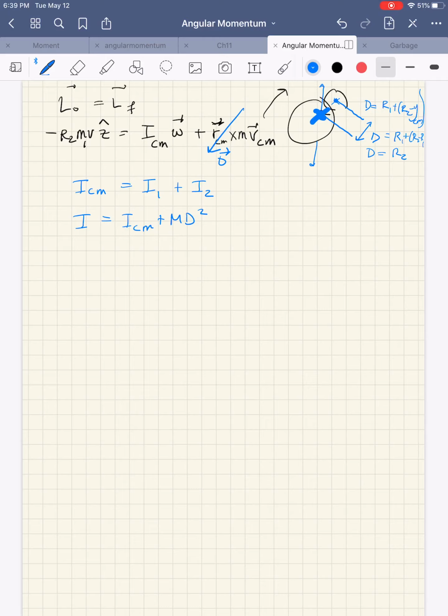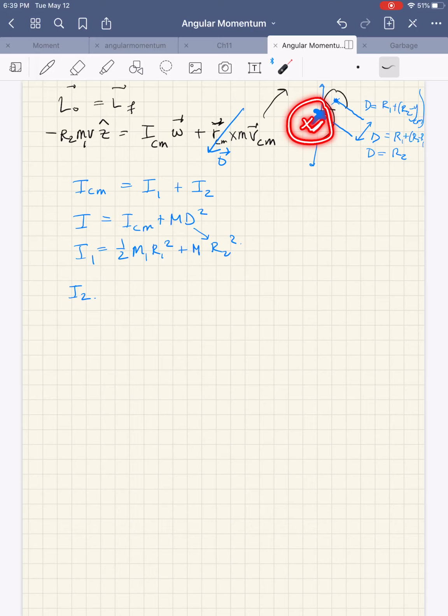So for the moment of inertia, I would write this as the moment of inertia of a disk around its center of mass, one half M1 R1 squared, plus M1 R2 squared for my values, because this is my D. For I sub 2, it's the same thing, except now I'm considering this disk as 2, this is its center of mass, and I just need this distance D away, which remember we found to be R1.